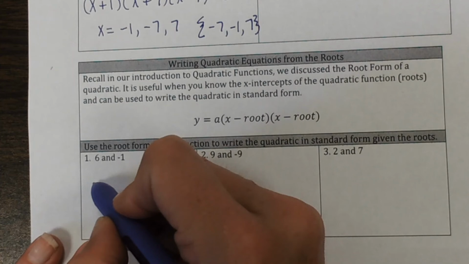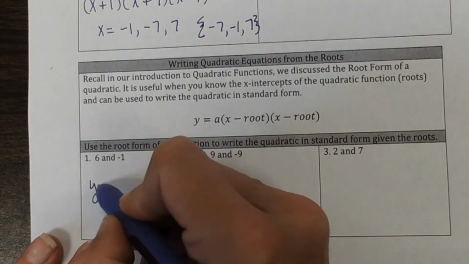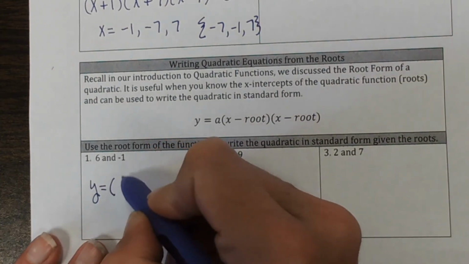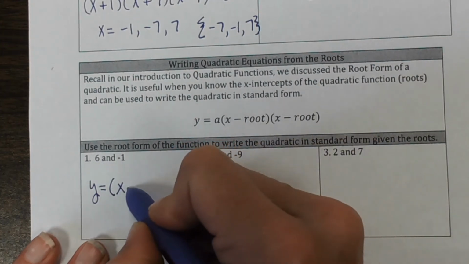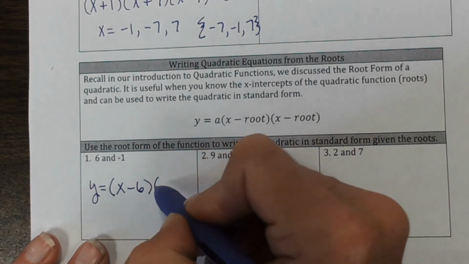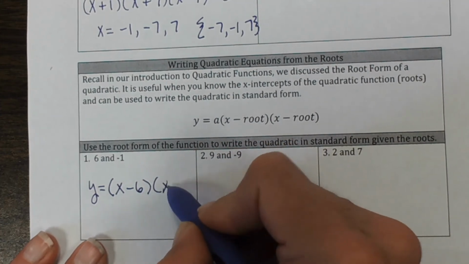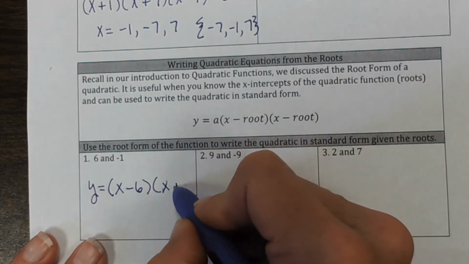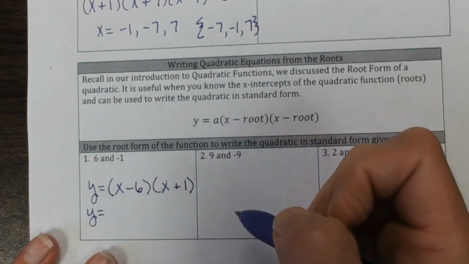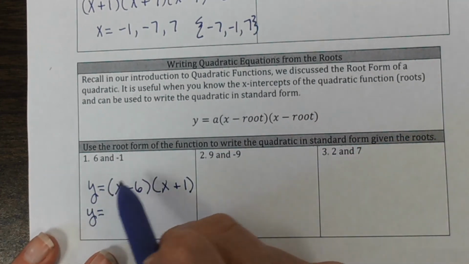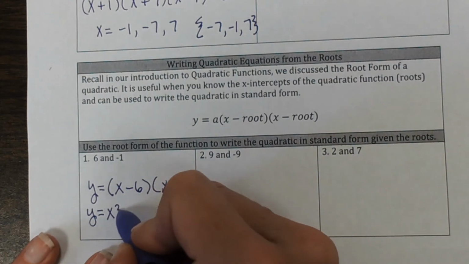So I'm going to say I've got the equation y is equal to, and I'm going to take my x, it's positive, but in root form it'll be minus 6. And then I have my negative 1. That would be minus a negative 1 or plus 1. So then we can simplify this and find our quadratic equation. So x times x is x squared.